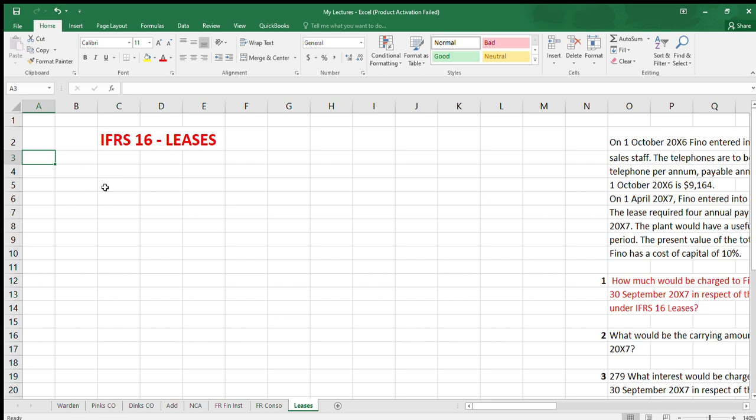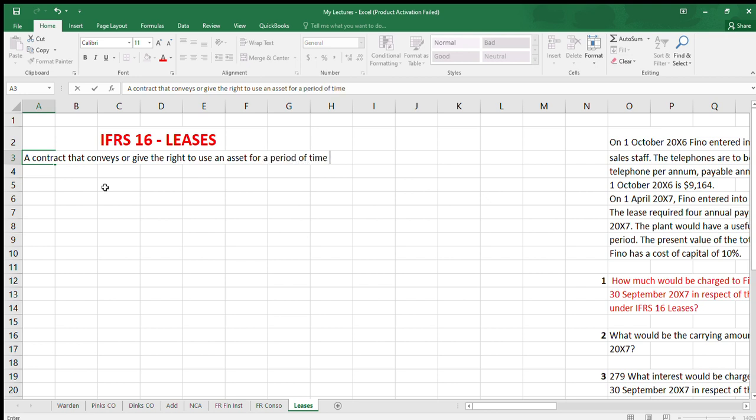According to IFRS 16, a lease is a contract that conveys or gives the right to use an asset for a period of time in exchange for a consideration. That's all, we are done. That's all. A contract that conveys or gives the right to use an asset.